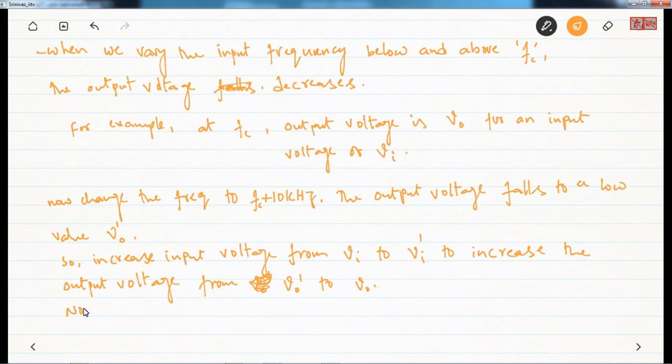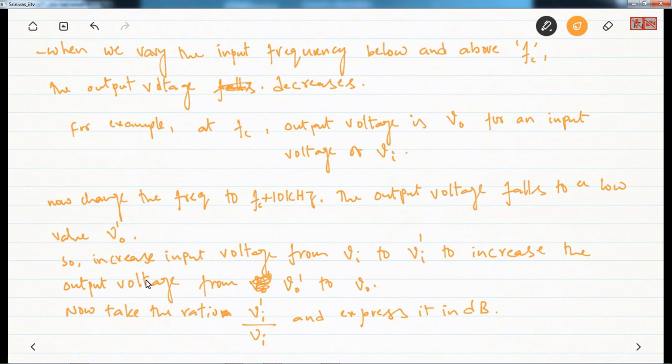And then now take the ratio Vi prime divided by Vi and express it in decibels, right?